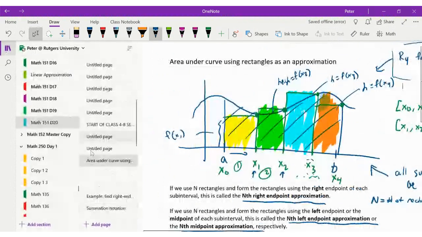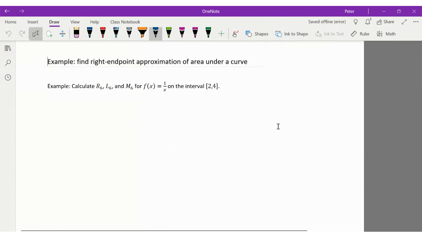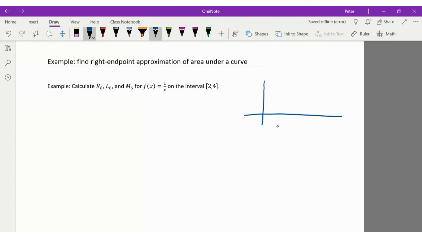So let's go to this problem where we're going to calculate R6, L6, and M6 for f of x equals 1 over x on the interval 2, 4. Let's just draw briefly what we're describing. The function y equals 1 over x looks like that. Let me draw it a little bit bigger, not to scale.